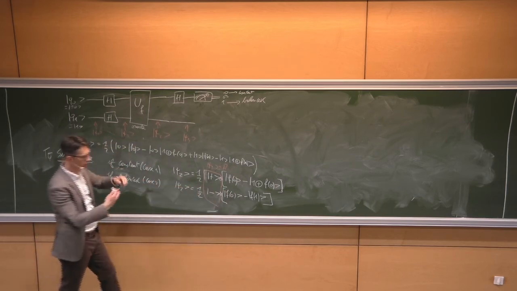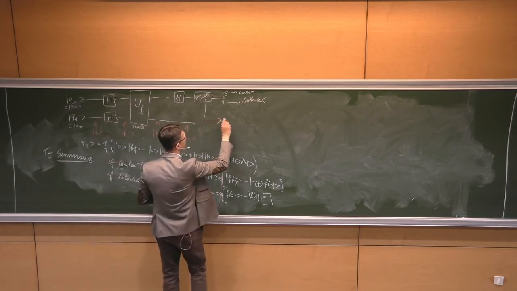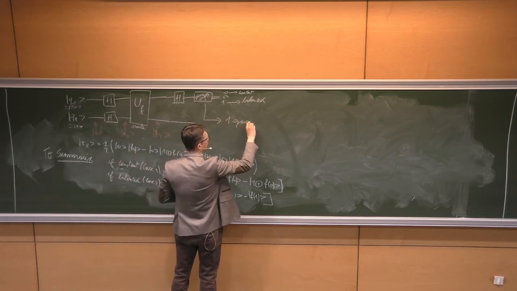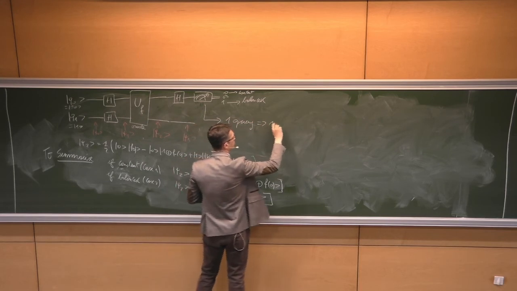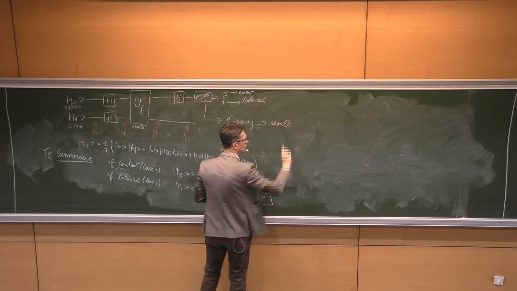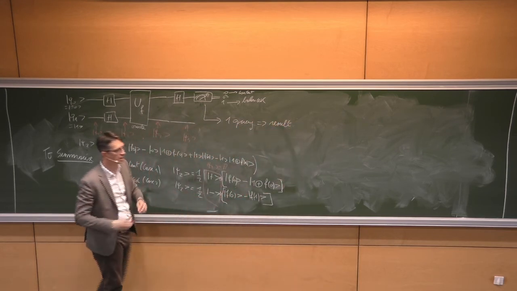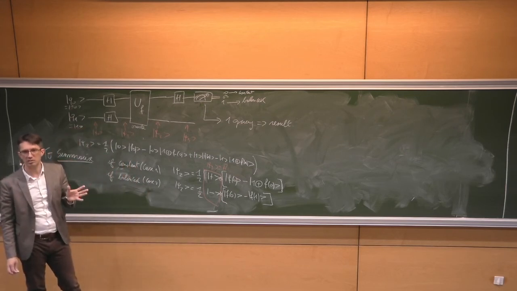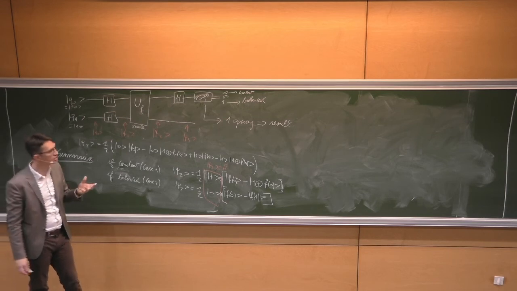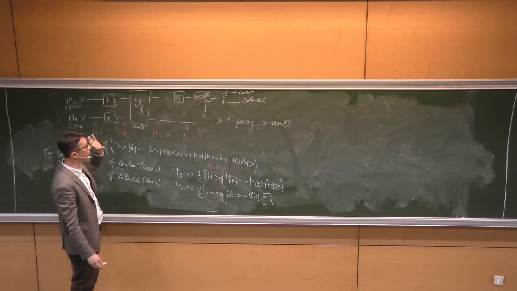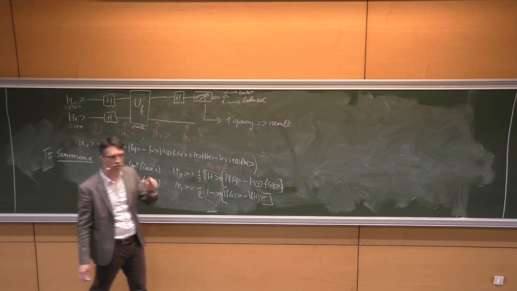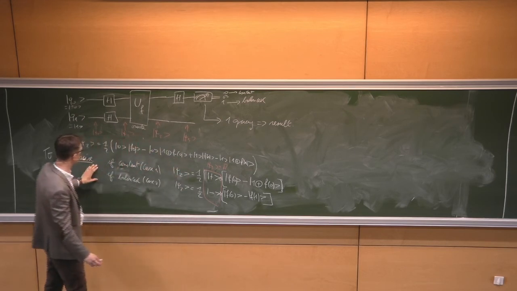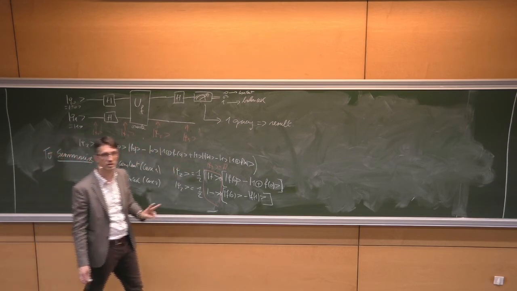So in one query only, I have the result. Okay. So this is the simplest algorithm you can think of. It already shows that no matter what you do, in order to find whether the function is balanced or constant, you need two queries in a classical case.